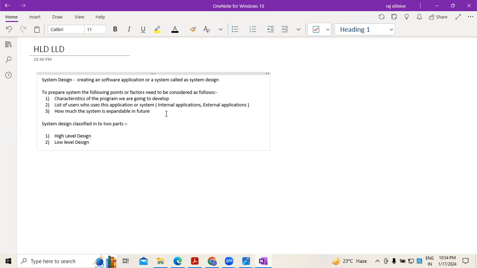So when it comes to high level design, what exactly is it, and what are we doing? This is what we must know. Majorly, high level design will provide a comprehensive view of the system architecture.